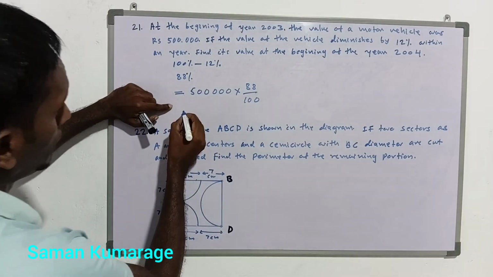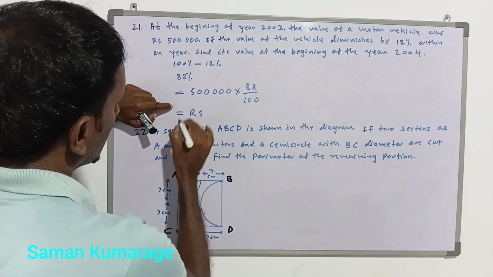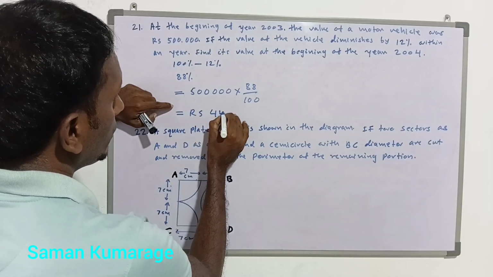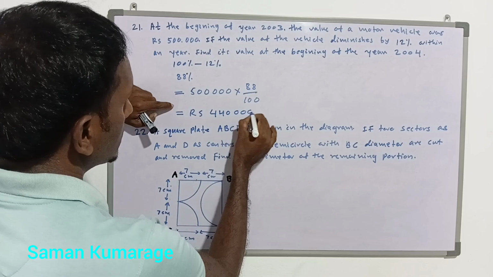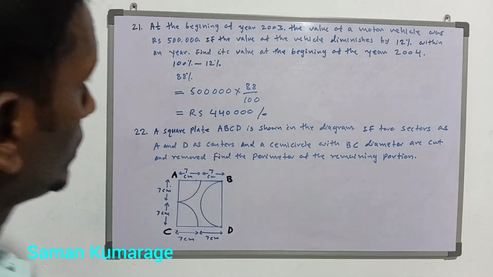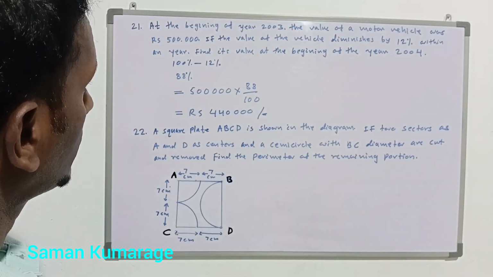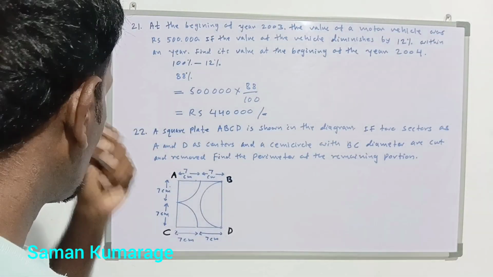So if you calculate this, you will get 440,000 rupees as the answer. So you need to calculate. I am not taking time for calculating. This is easy to calculate.